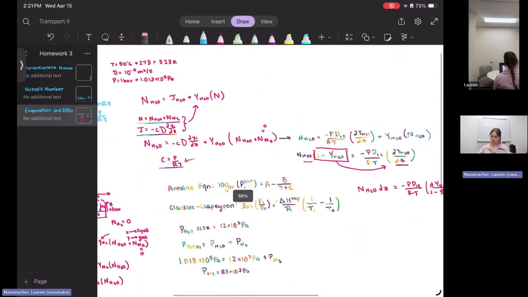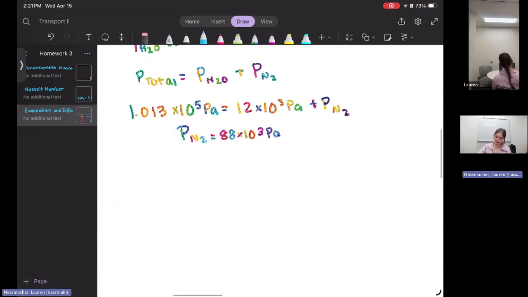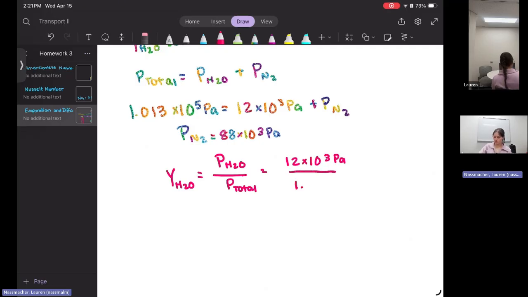Let's go back over to the pressures that we just calculated and determined. Our YH2O is going to be equal to the pressure of our water over the total pressure. So we have 12 times 10 to the third pascals over 1.013 times 10 to the fifth.